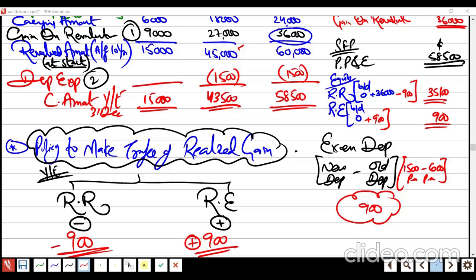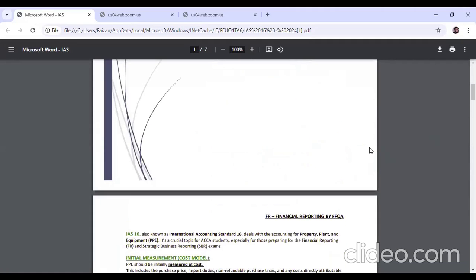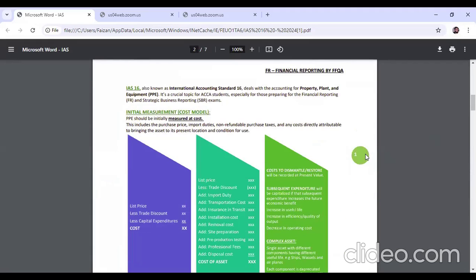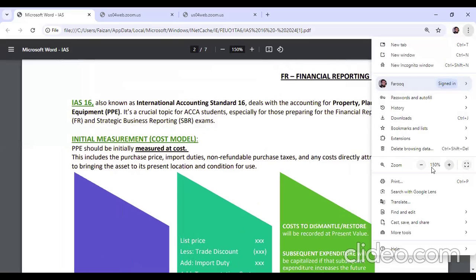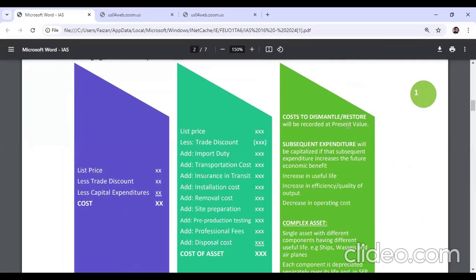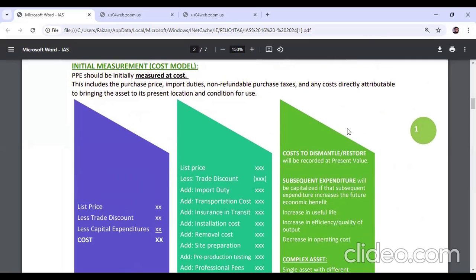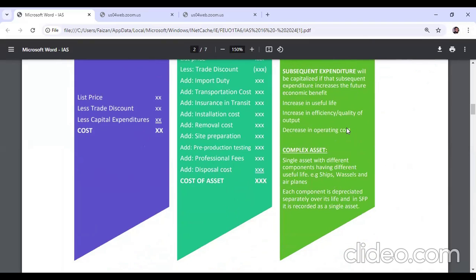Your assignment is the next question from the handout. Let me show. See, we started this IAS 16, which is a very, very important IAS of your syllabus. I told you earlier that, inshallah, without this IAS your paper is not going to be made. We started with the cost model, how to compute cost, initial measurement, capital expenditures.